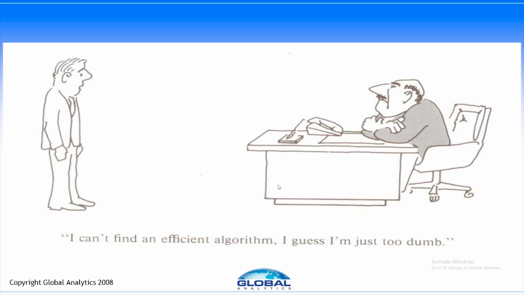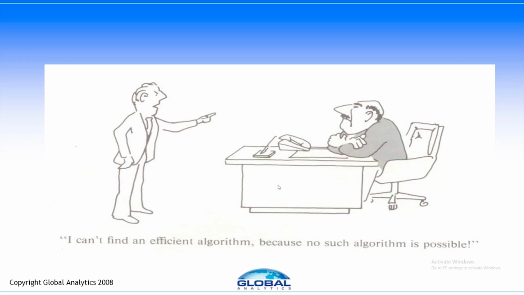What would be nice is if you can go and say, I can't find an efficient algorithm because no such algorithm is possible. We don't know that as well, right? Why? Because we don't know that these algorithms really need exponential time. That is talking about a lower bound for the problem.